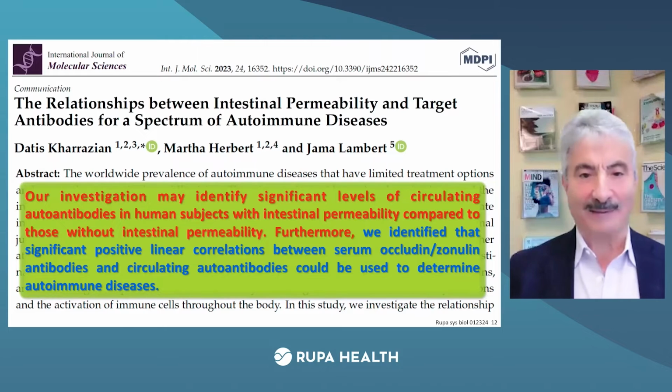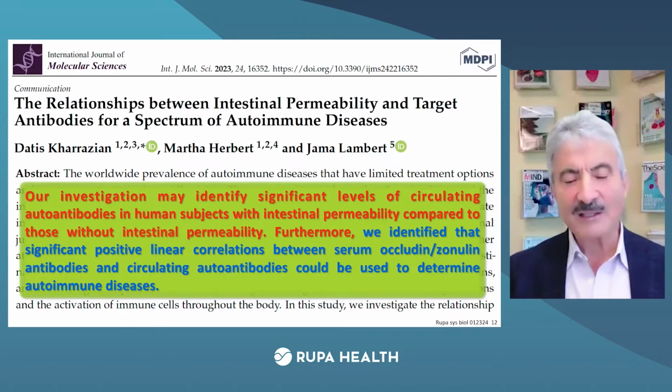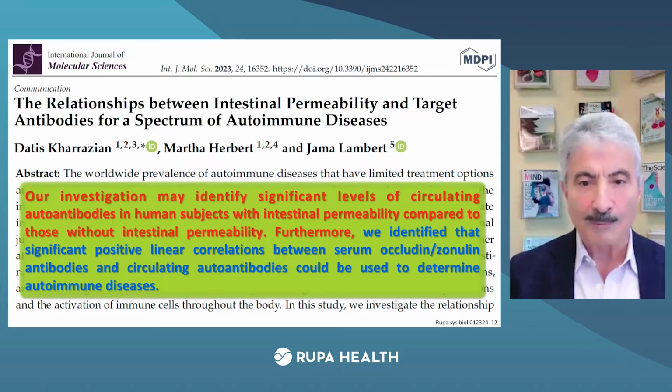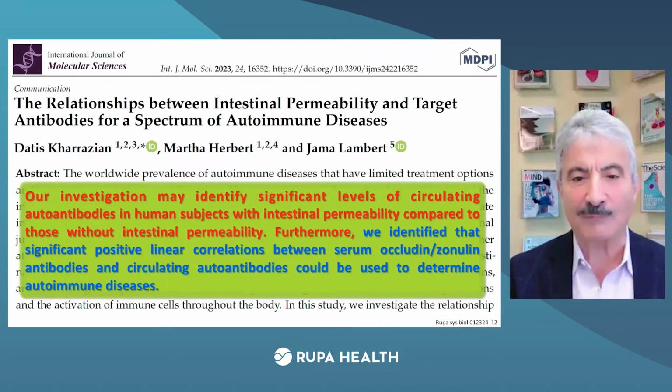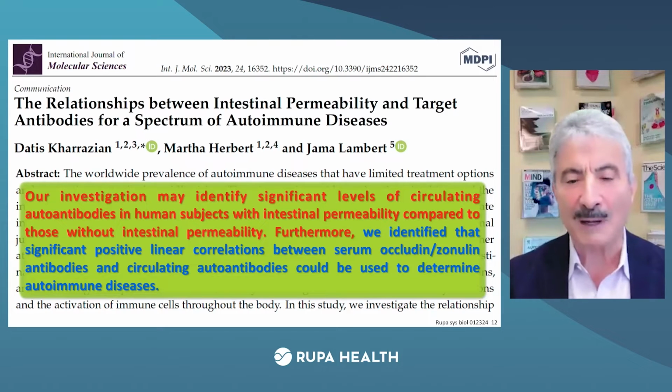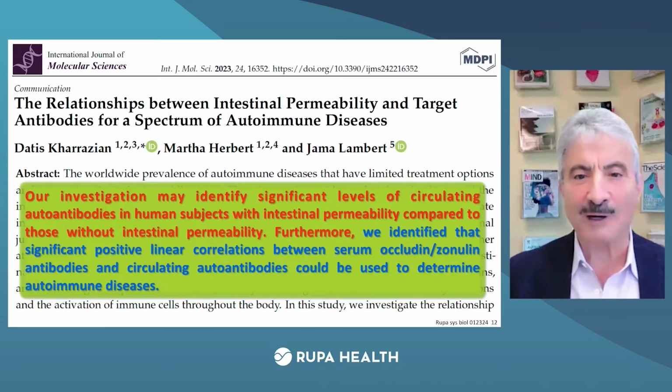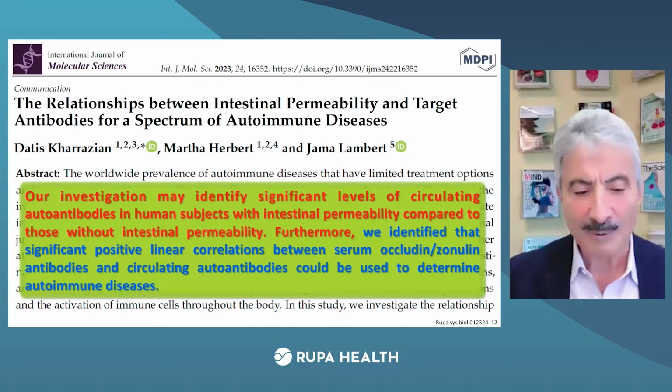They classified the test results into two groups. In one group, they did not have positivity in the level of these antibodies, meaning they did not suffer from intestinal permeability. In the second group, the antibodies were highly elevated, meaning they did suffer from intestinal permeability.